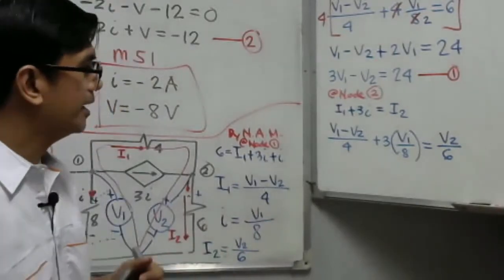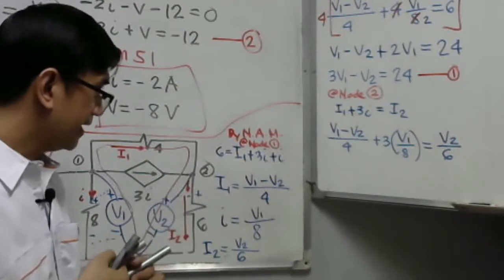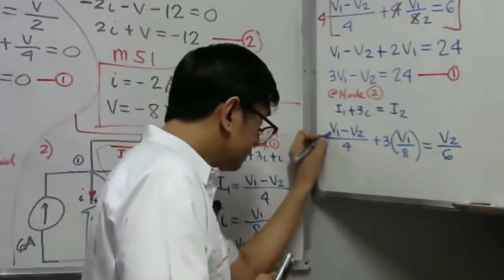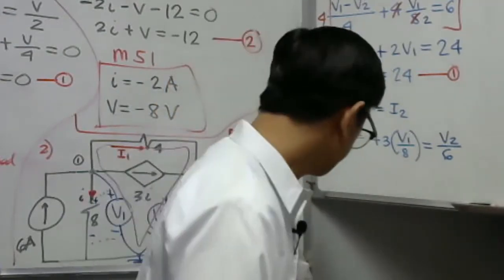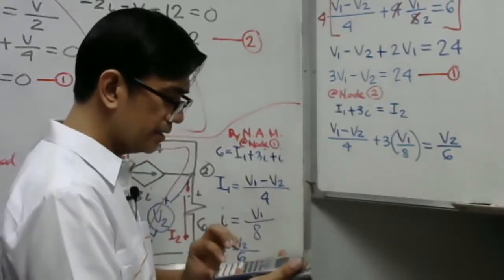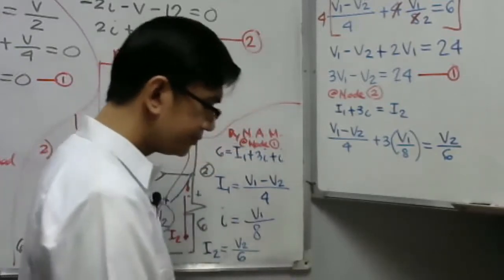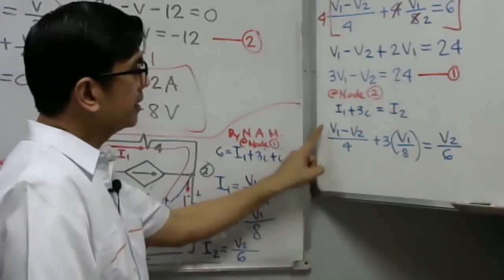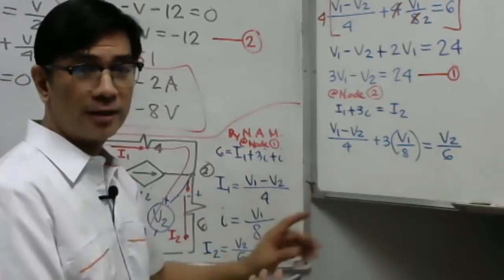Let us simplify this equation. By algebra we can do this, or we can go directly with our calculator. As shown here, put your calculator in mode 1, guys. Our B sub 1 here has a coefficient of 1/4, so put here 1/4.